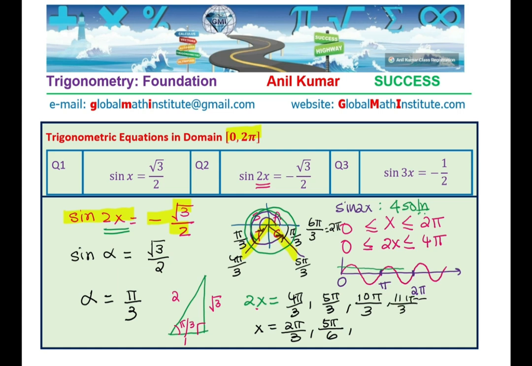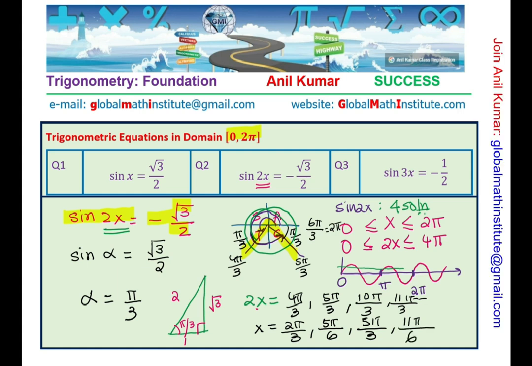So when you divide by 2, you get 5 pi by 3 and 11 pi by 6. Makes sense? Because there's less space, so I kind of erased and rewrote it. I hope that makes sense. So this is when we are looking into sine 2x equals negative square root 3 by 2. We have solutions in quadrant 3 and 4, and that is how we are going to find all the answers.